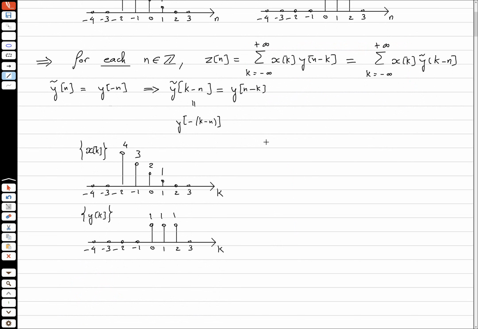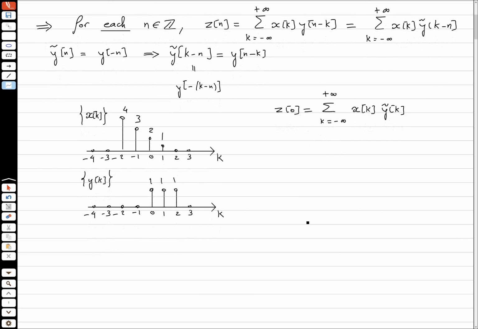The advantage of doing this is immediate when you want to calculate z of 0. So to get z of 0, you just need to plot x and the time reversal of y of k.